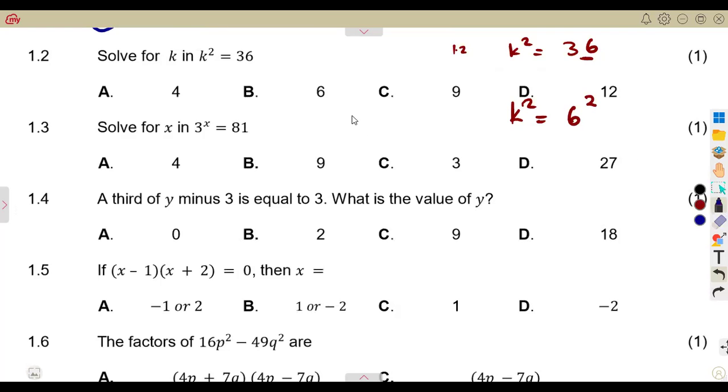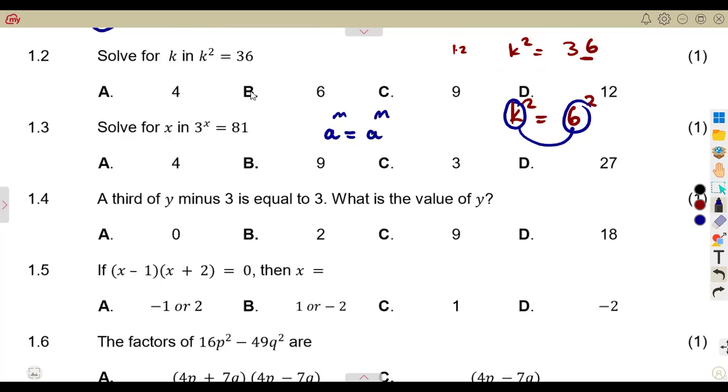If the exponents are the same, it follows that the bases are supposed to be the same. So K is supposed to be equal to 6.